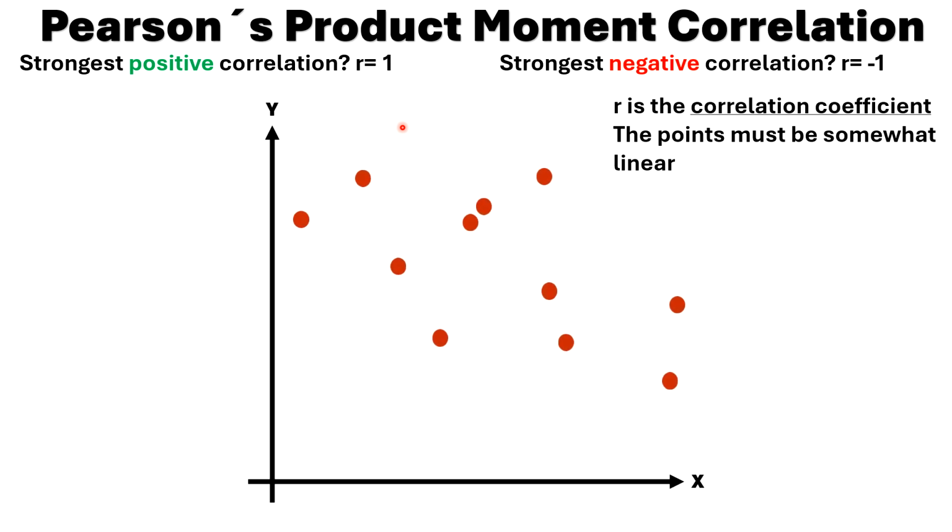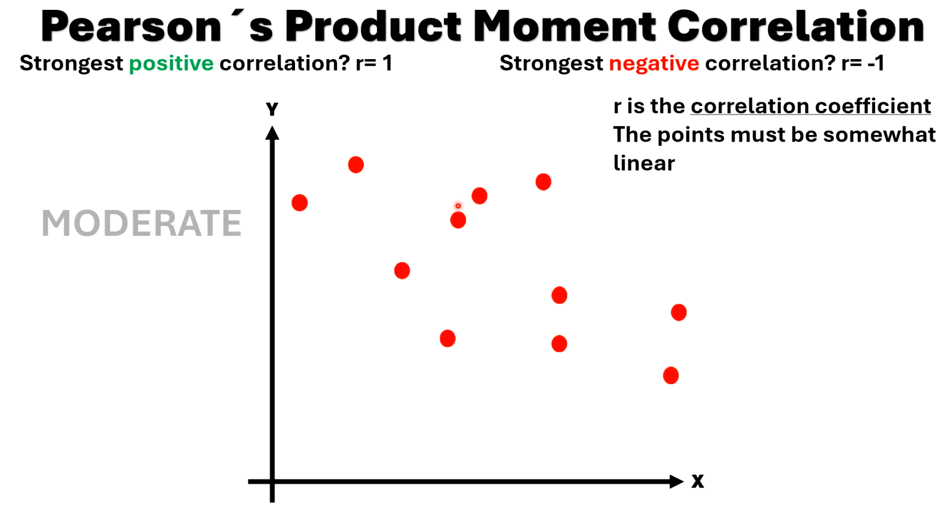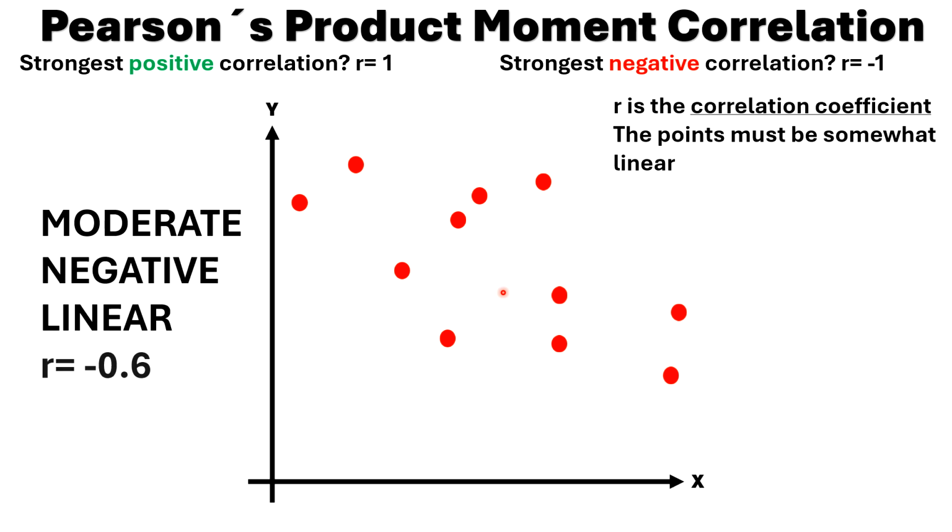Now, looking at a negative correlation, we can see that this one is moderate. It's not weak, but it's not very strong either. It's negative and linear. So r, if we make an estimate, could be around -0.6. Again, if the points were lined up perfectly and were negative, r would be -1.